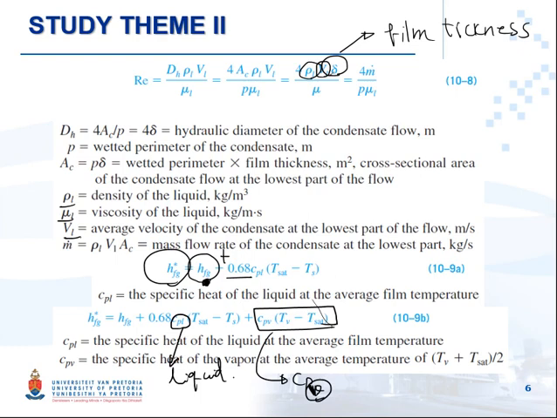First, the condensation process actually happens at a temperature between saturation temperature and surface temperature, which is lower than saturation temperature, so it's subcooled. We add this section to it.